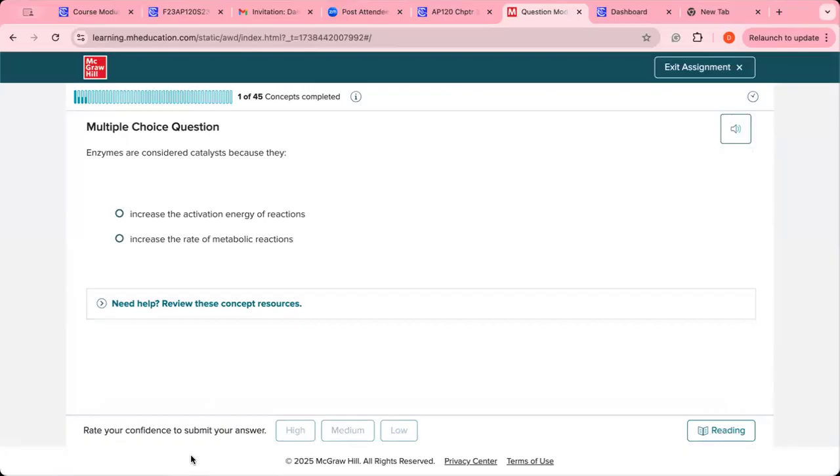Enzymes are considered catalysts because they, okay, why are they considered catalysts? Let's look.